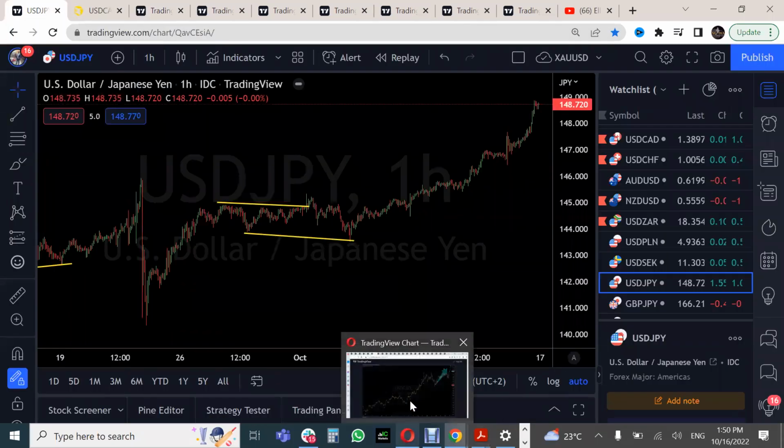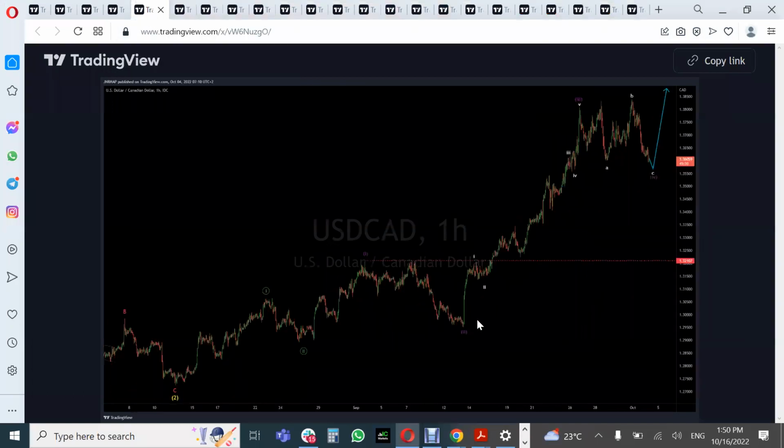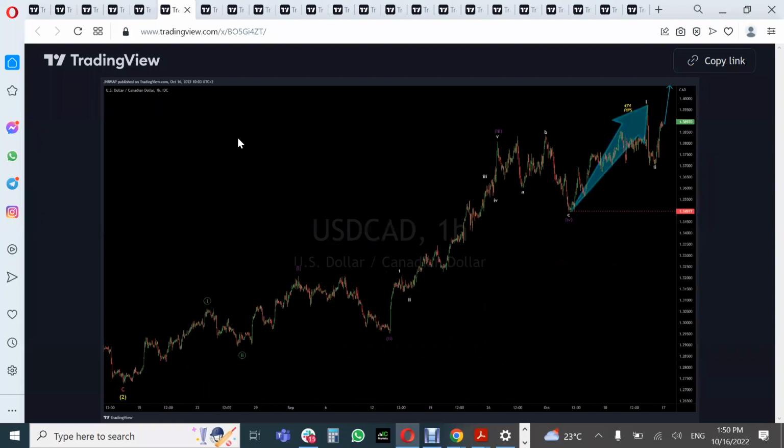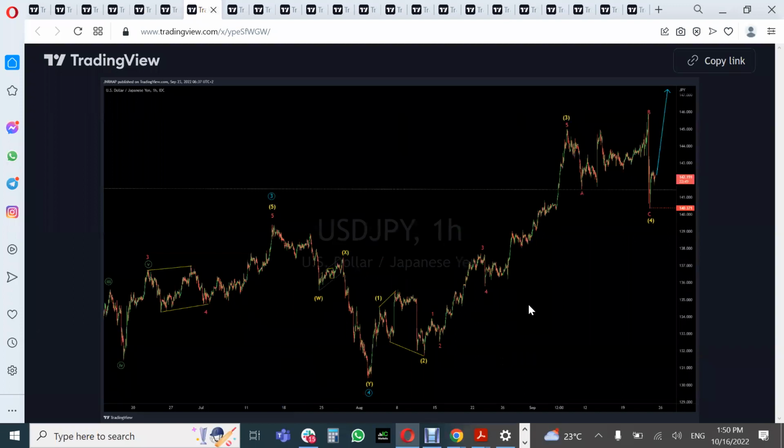So let's go back to the recaps. So now, when you see us forecasting this, it is because we understand the structure, we understand the sequence where this is going. Okay, now I've spent quite a bit of time on this one, but I wanted you to see where these analyses come from. That's US dollar CAD, continuing to push to the upside. US dollar JPY, I will also show you US dollar JPY, why we focused on this move to the upside.